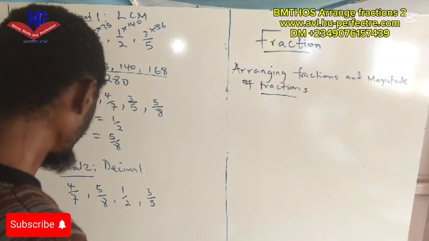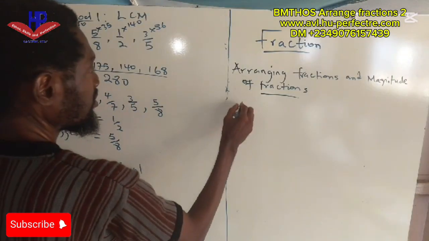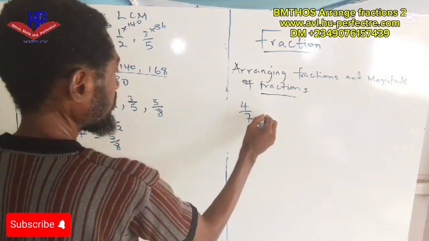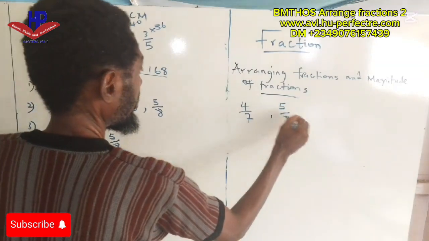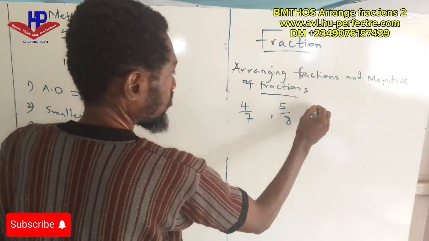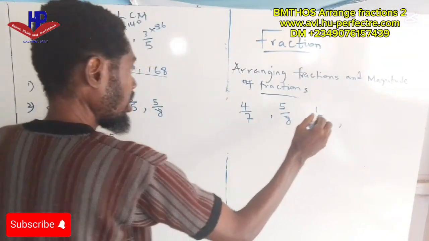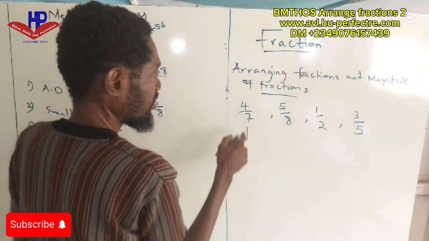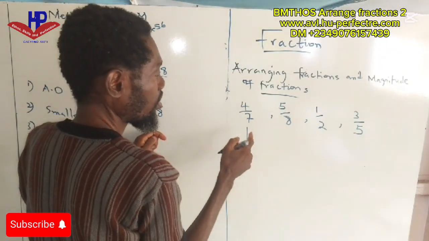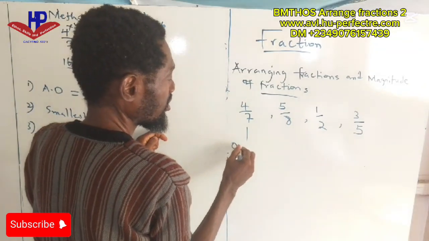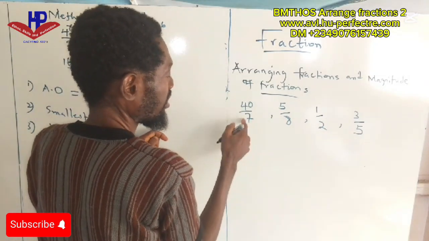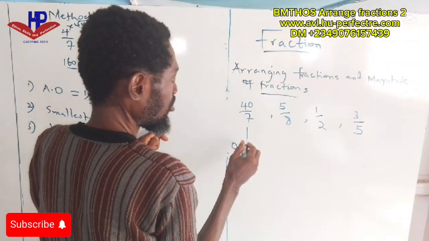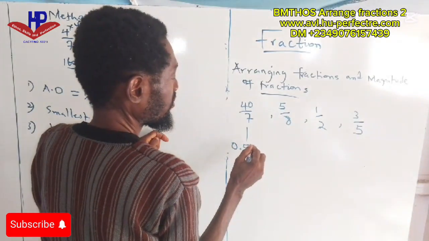So the fractions are 4/7, 5/8, 1/2, and 3/5. Let's divide this. 7 cannot go into 4, so I'll put 0 point, add 0 here. 7 in 40, that will be 5, which is 35.